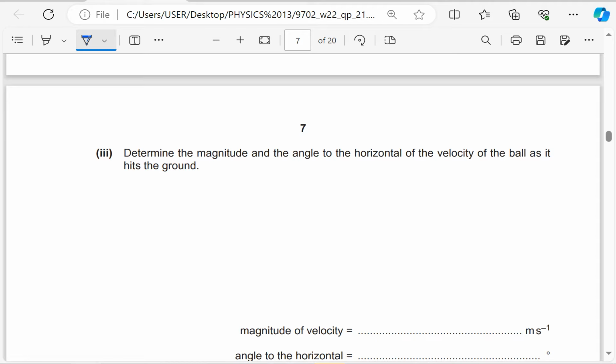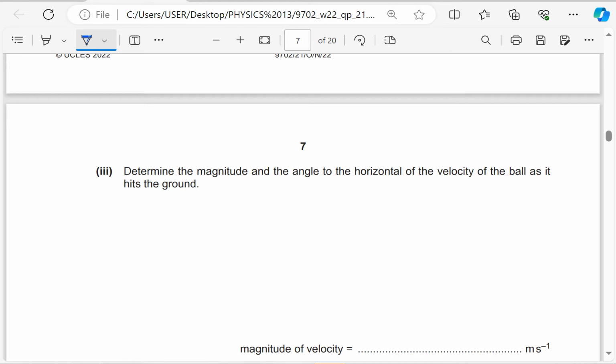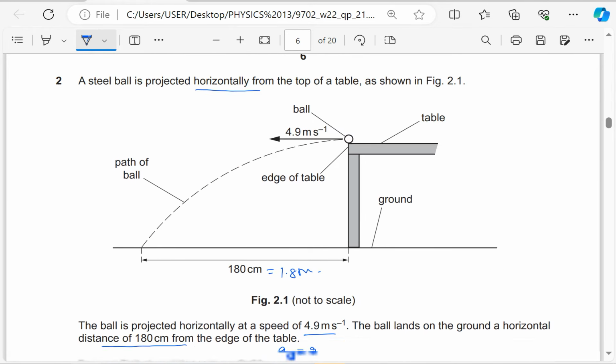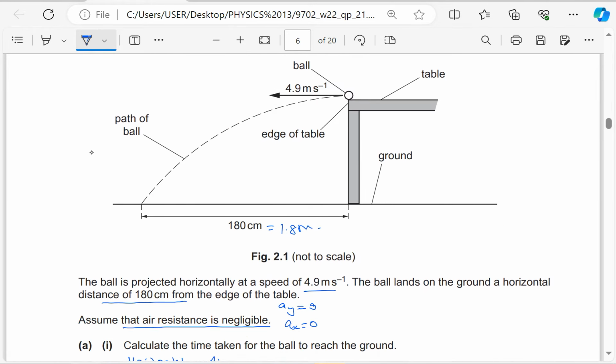Then determine the magnitude and the angle to the horizontal of the velocity of the ball as it hits the ground. Okay, so remember we have a velocity in the horizontal which was 4.9. Of course, it remains constant, because there is no acceleration in the horizontal. But the vertical velocity, we have calculated as 3.6, and the resultant is this one here. So we just use Pythagoras theorem to find the resultant.